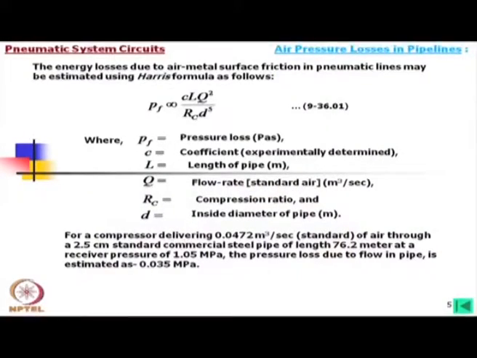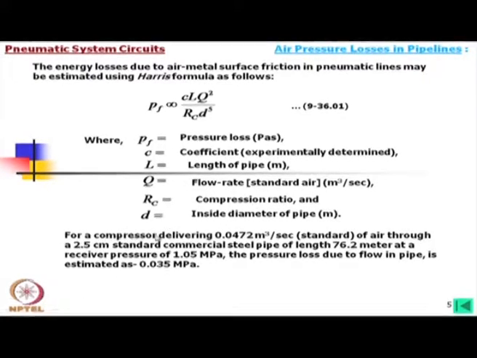According to that, C is determined for a range of pipes, and it was found that C also depends on the inside diameter D. That means if we replace this C, a numerical factor comes here, and something is added to or subtracted from this power. It will become in this form.